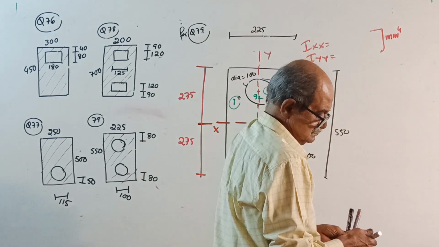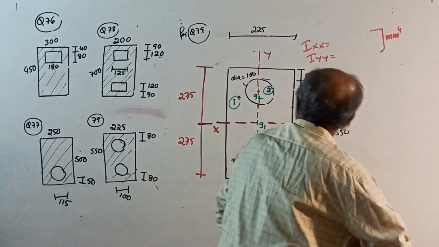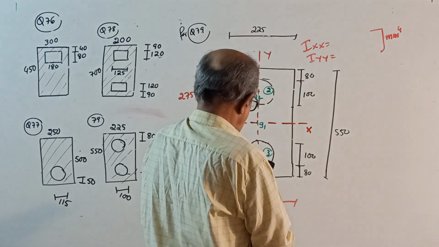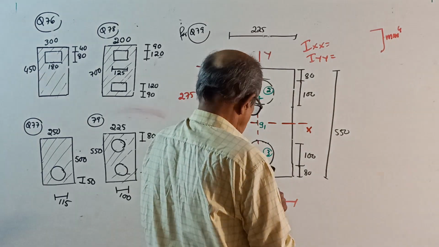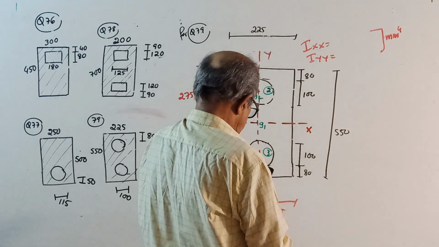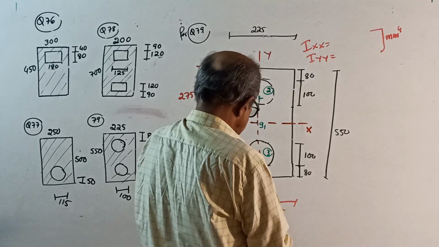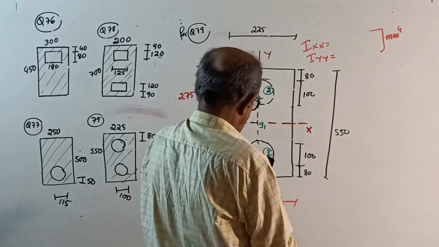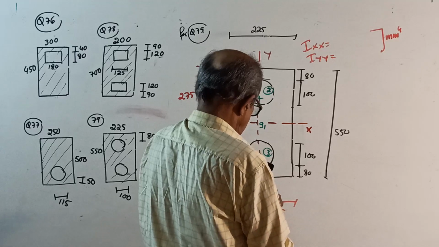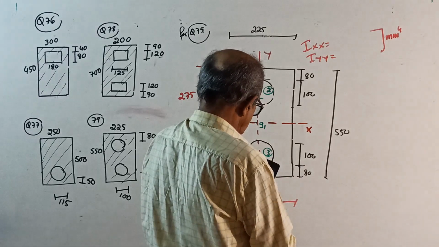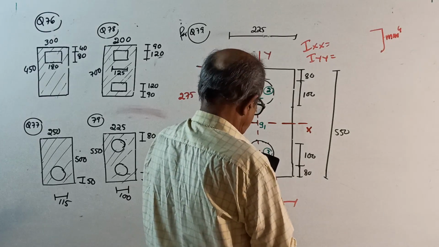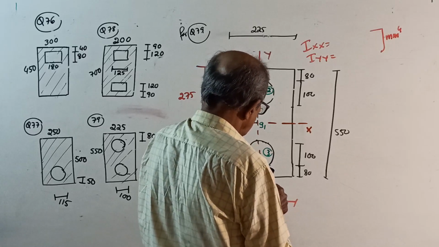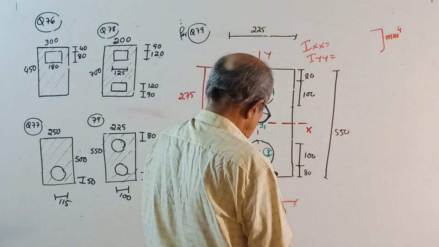IXX equals pi by 64 of 100 power 4, plus pi by 4 of 100 square into (275 minus 80 minus 50) whole square, into 2 for 2 circles, into minus 1, plus 225 into 550 cube divided by 12. You work out correctly.